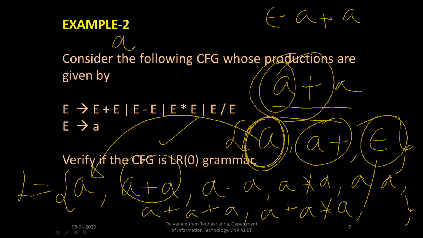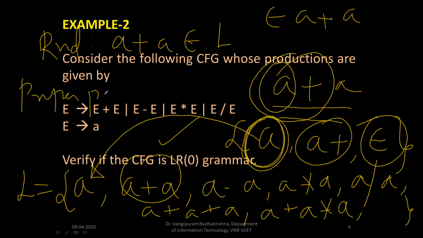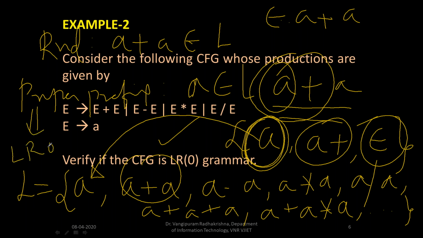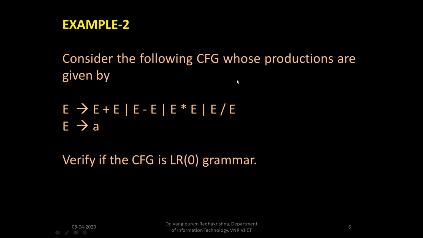That is, for the randomly chosen string A plus A, which belongs to L, there was a proper prefix which is A. Because there is a proper prefix which also belongs to the same language, this implies that the grammar is no more LR0. So you can directly say that the given grammar is no more LR0.